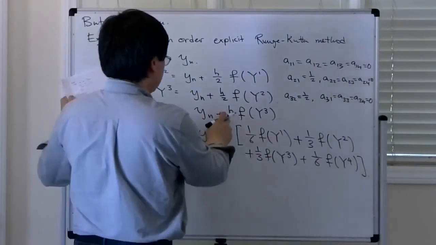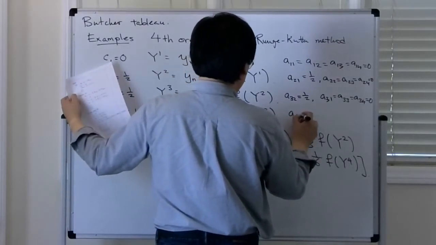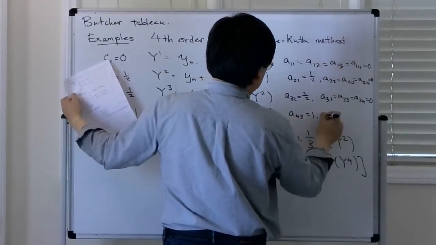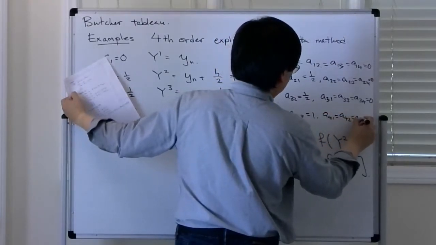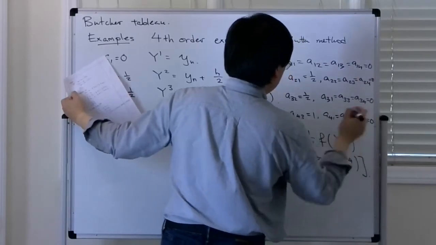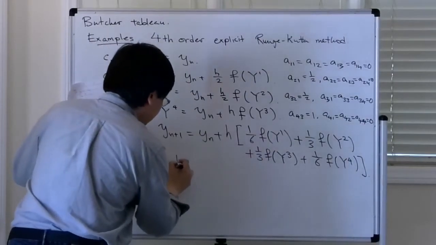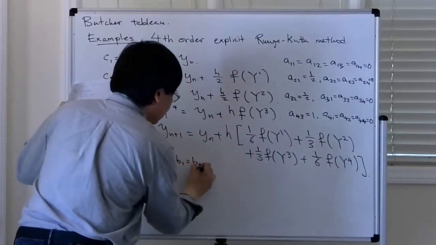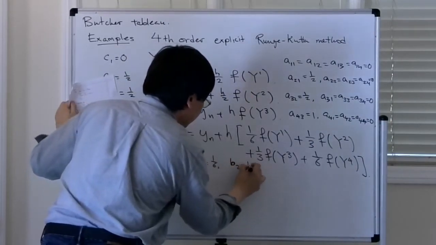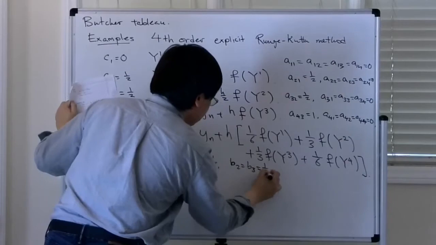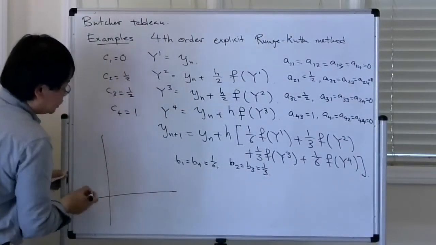And then here the non-zero entry is a43, which is 1, and then a41, a42, and a44 are 0. And then from this equation you can read that b1 and b4 are 1/6, and b2 and b3 are 1/3.